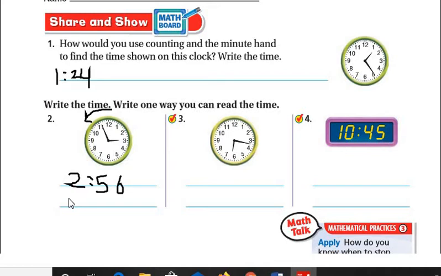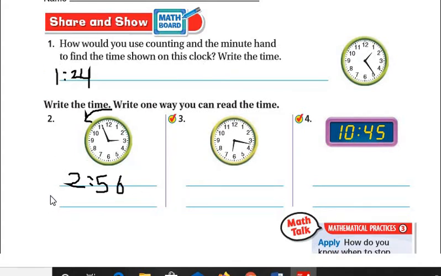Okay, we will use a 3. How many minutes? It's not 5, it's just 4. 1, 2, 3, 4. So it's 4 minutes. 4 minutes before 3. Let's write it.